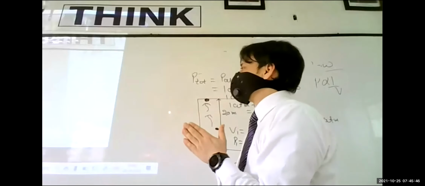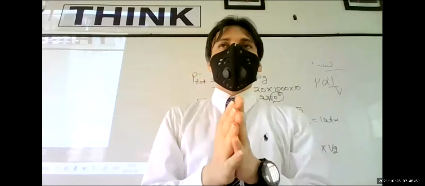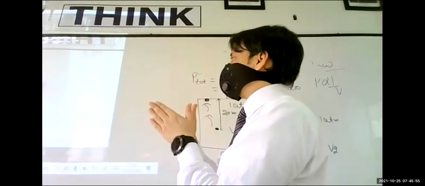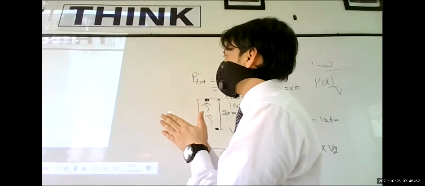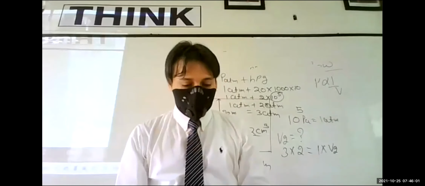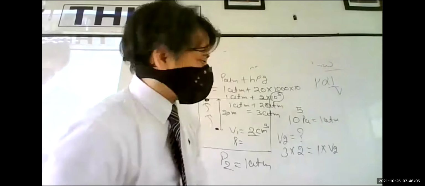And if volume decreases, then from Boyle's law, children, the pressure will increase. First the concept. But how this pressure will increase, you have to explain. So when I squash, at that time, the gas particles, children, again I have to draw a diagram.